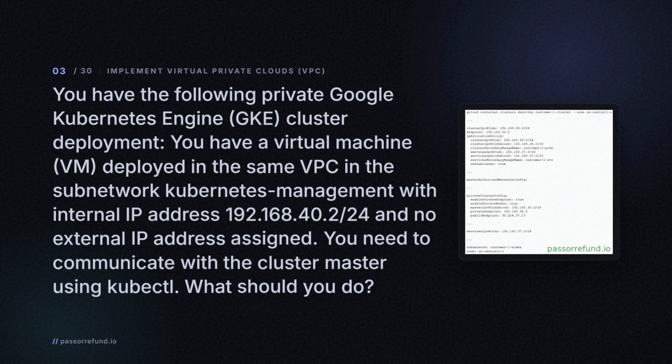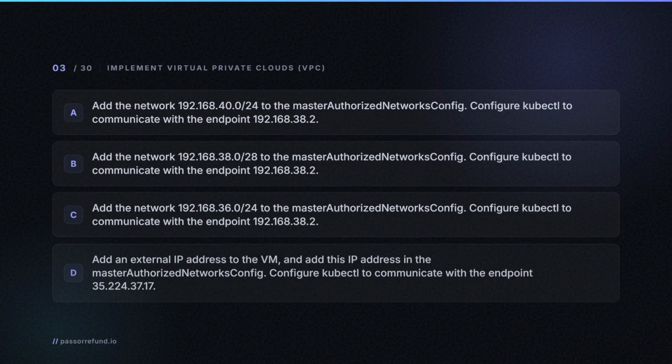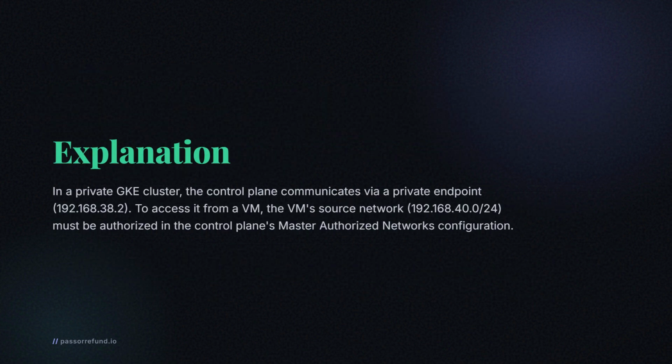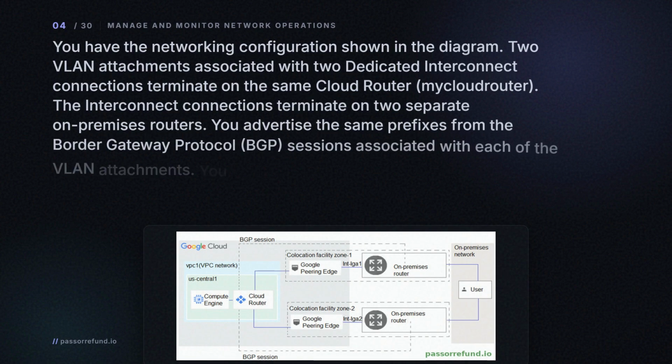What's the plan? I'm going with A. So, in a private GKE cluster, the control plane communicates through a private endpoint, 192.168.3.8.2. Okay, so let's move on.